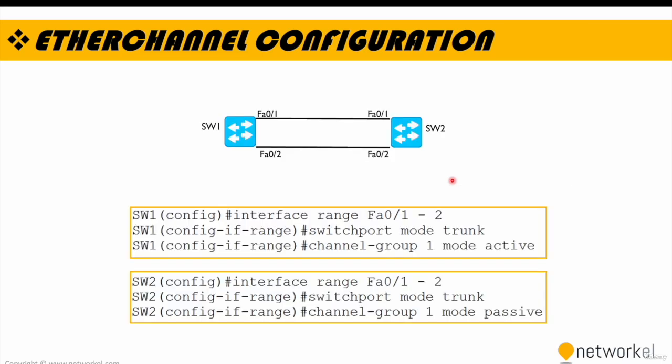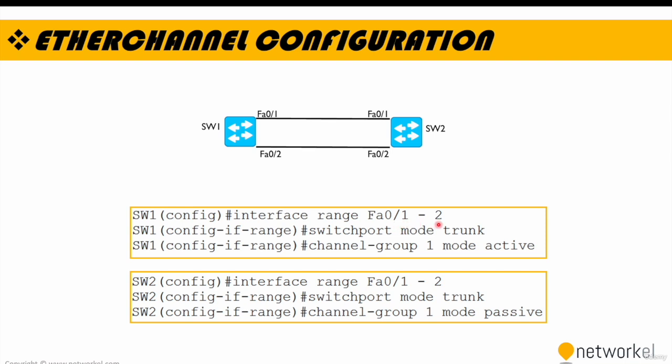So here is the configuration and how it looks. In both switches, you are configuring both interfaces, Fast Ethernet 0/1 as well as Fast Ethernet 0/2. The easy way to configure both interfaces in one shot is using the range command: interface range Fast Ethernet 0/1-2.